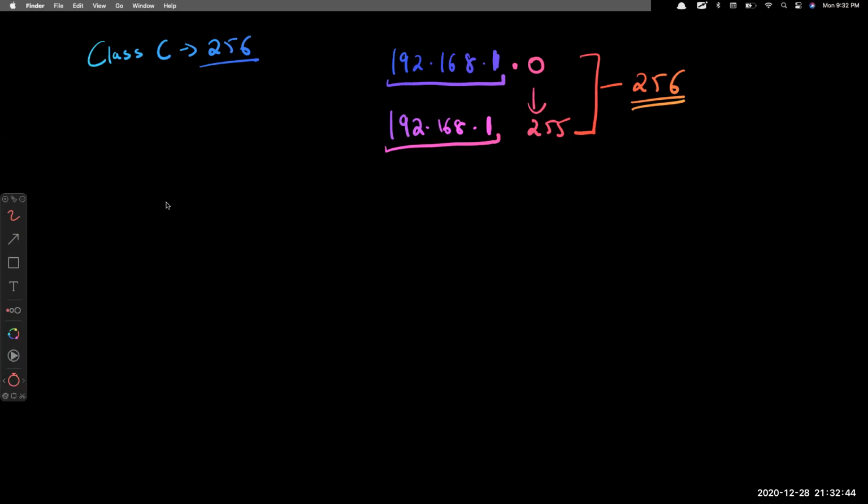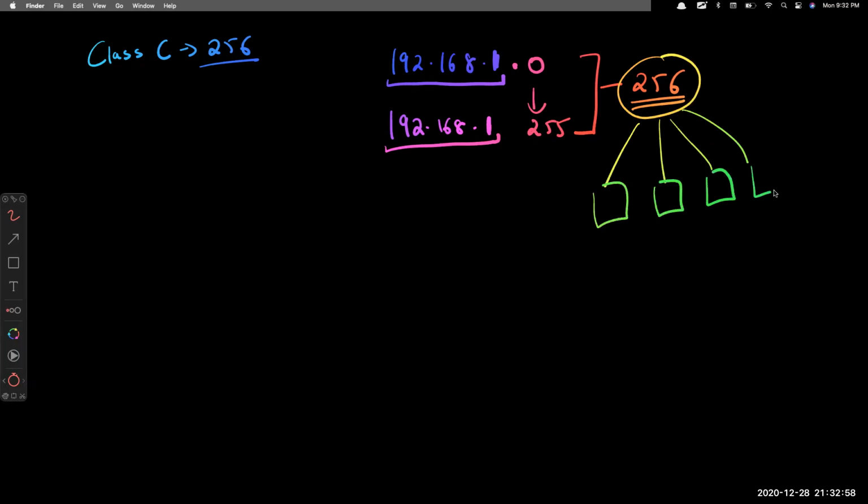Okay. So if this class C is giving 256 addresses, and I want to divide this network into four parts, and I want to give 40 computers here, 40 here, 40 here, and 40 here, or maybe 50 computers also.